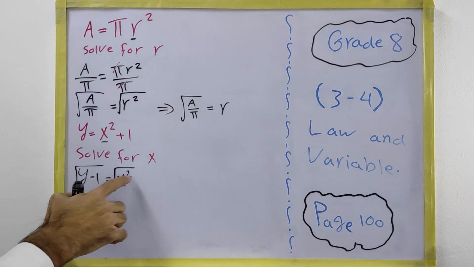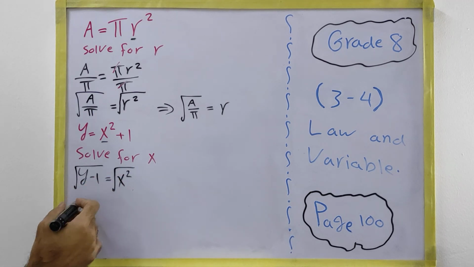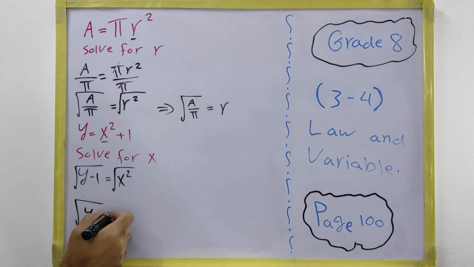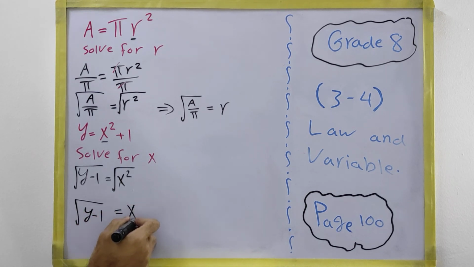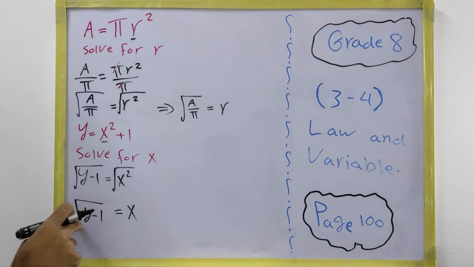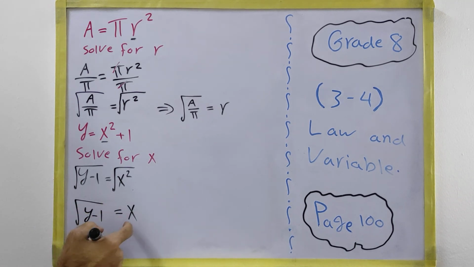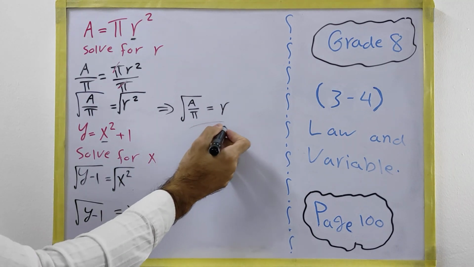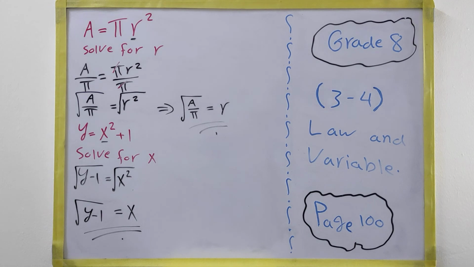Then power 2 and square root will be cancelled. Y minus 1 equals x, or x equals the square root of y minus 1. That's how we do it. This would be the final result for this one.